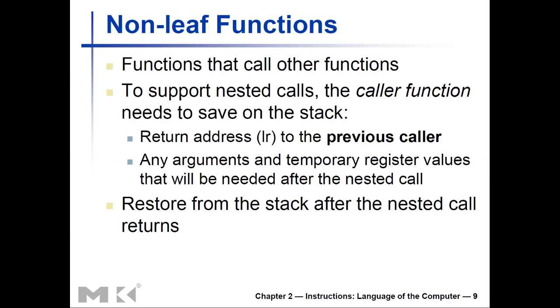We only have one link register, which is the R14 register. So the same link register, we update it again inside the function. Now we are going to lose track of the previous link register value, right? If we are not going to preserve it somewhere else, we will be losing track of that.